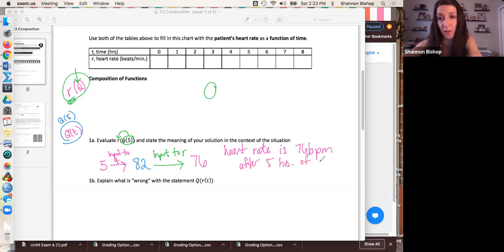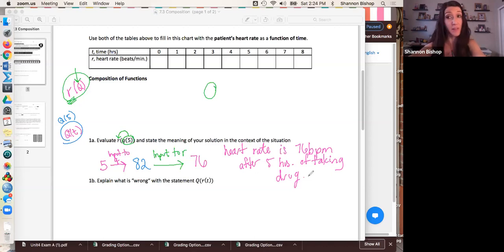Now, notice I am not mentioning the 82 in my English sentence, and that is because you don't have to. The 82 is what I refer to as the middleman. It's not the input, because the input was 5.